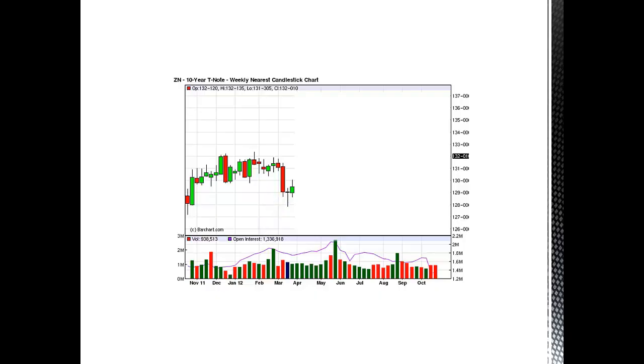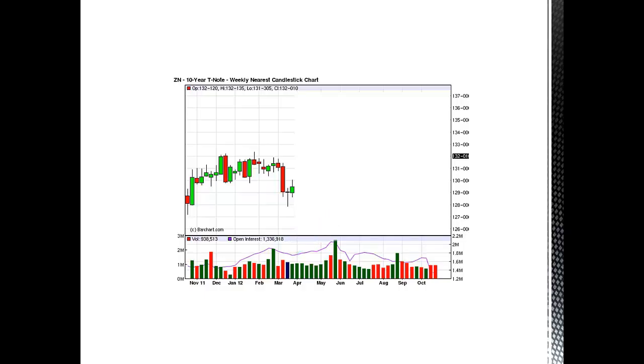Okay, so if we see a swing low on a weekly chart on a 10-year, and we see a pivot or swing low form at a big figure like this, 128, and we also see open interest declining, you can see at the bottom here the purple level, how open interest was declining, we would expect prices to rally up.